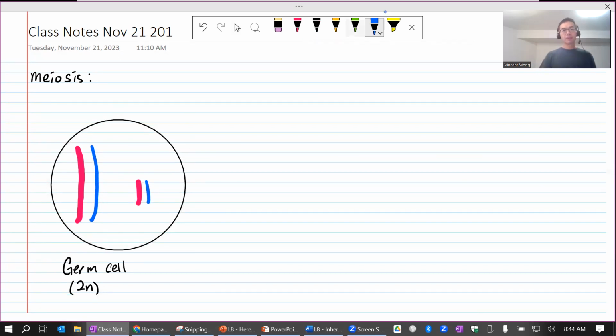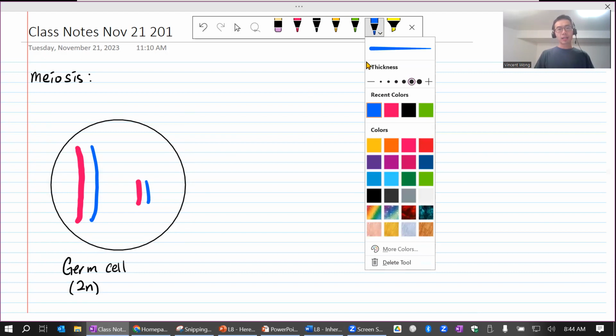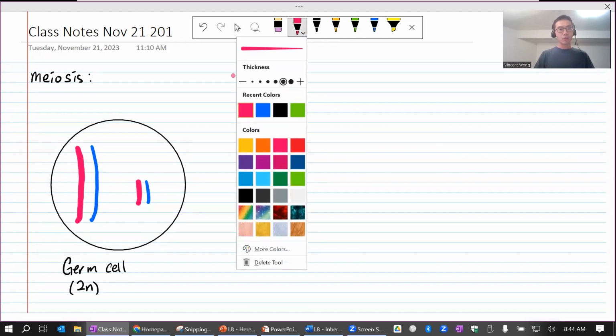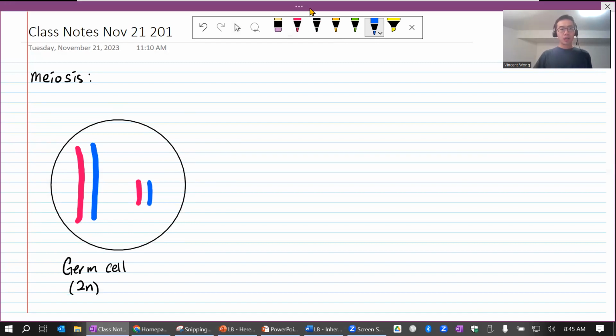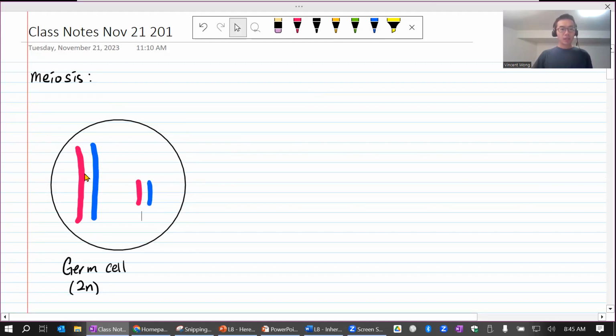Just to keep things simple, we will only be looking at two of them, like this. So this is chromosome 1 and 1 over here, chromosome 2 and 2 over here. And in the actual cell, you would have 3, 3, 4, 4, 5, 5, all the way to 23, 23.